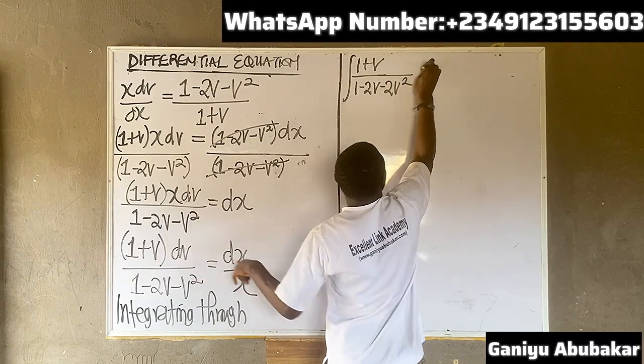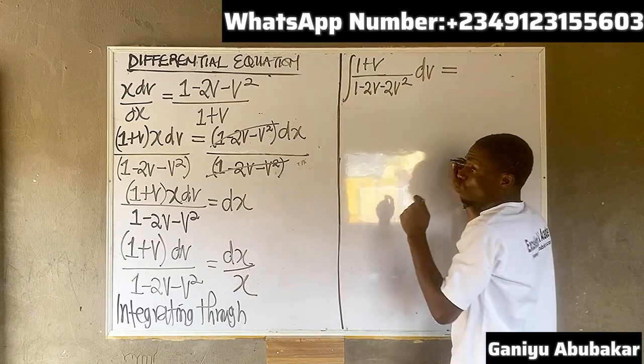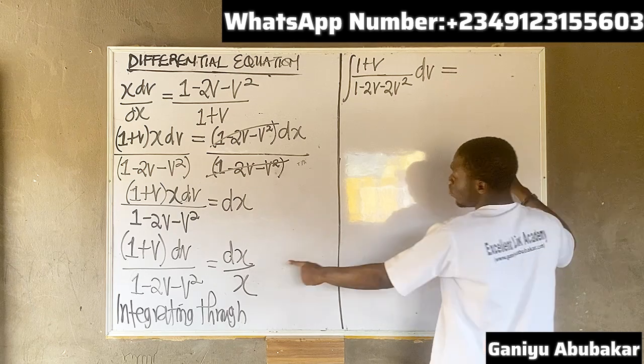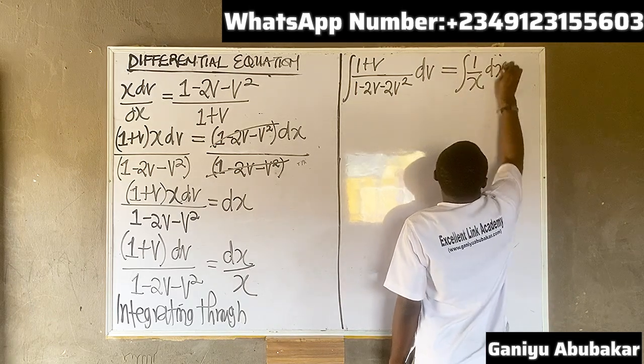Then this dv should come here as dv, I'm integrating this one with respect to v, equals the integral of 1 over x dx.